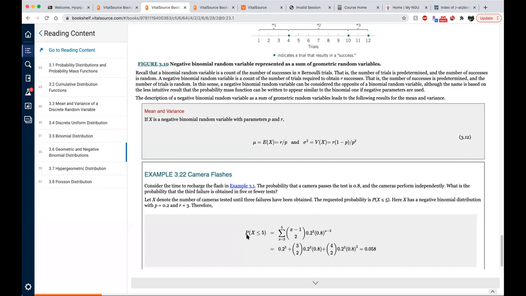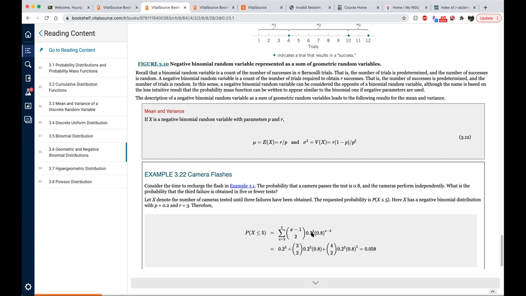But if you have a TI-84 or 84 Plus, there is no intrinsic function for that one. But you may find the geometric PDF and geometric CDF in your TI-84 or TI-84 Plus.